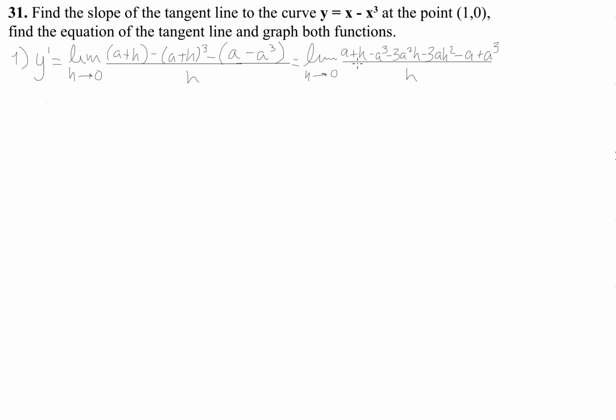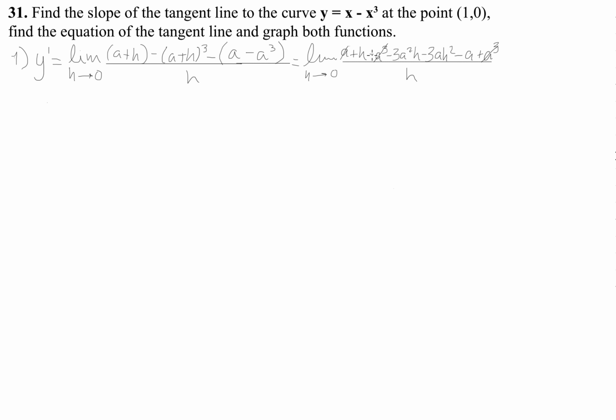Okay, so remember, we're going to cancel out some of the terms, but we need to remember that we are canceling the leading term or the term with the highest exponent for a and other terms. So for this case, we cancel a to the third negative, a to the third positive.